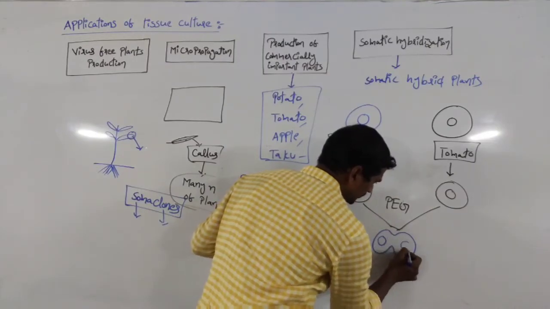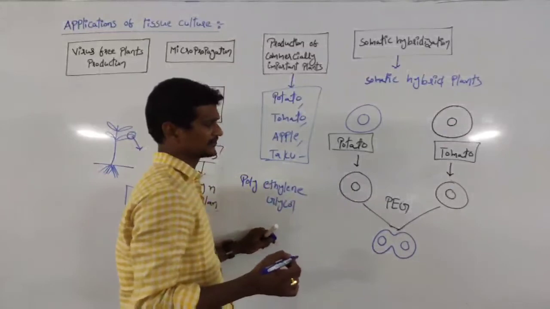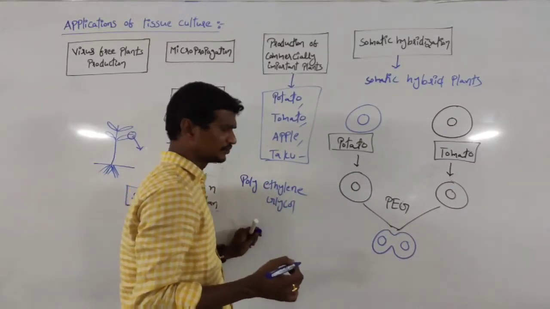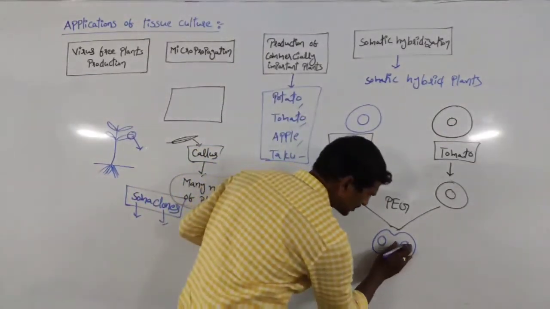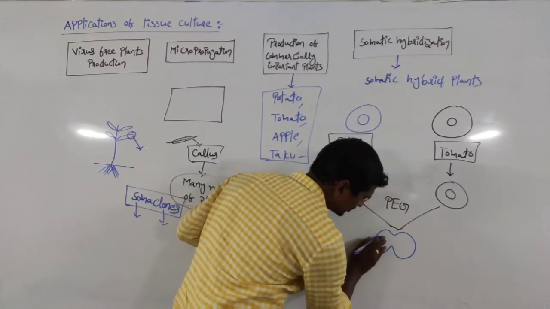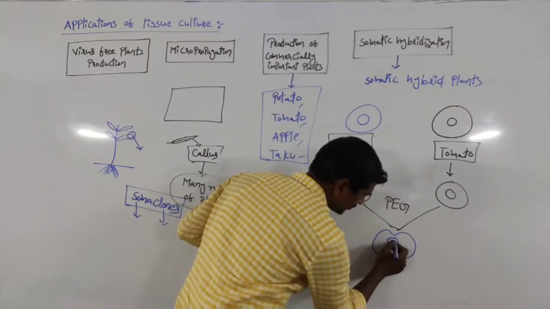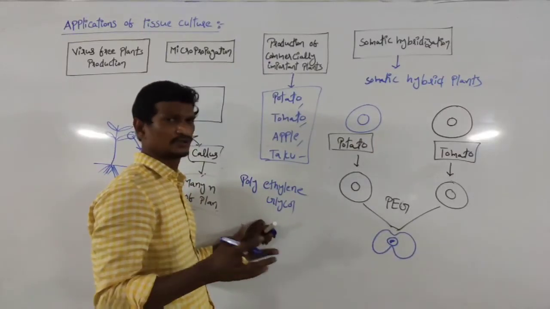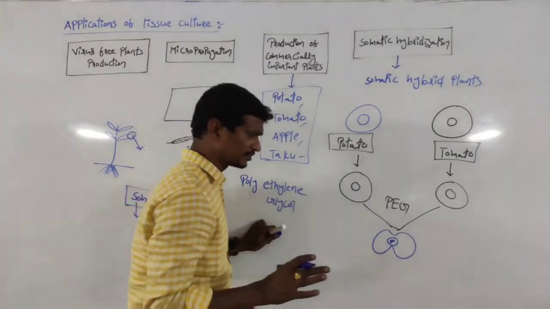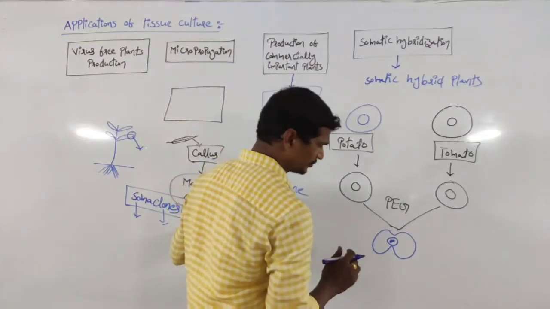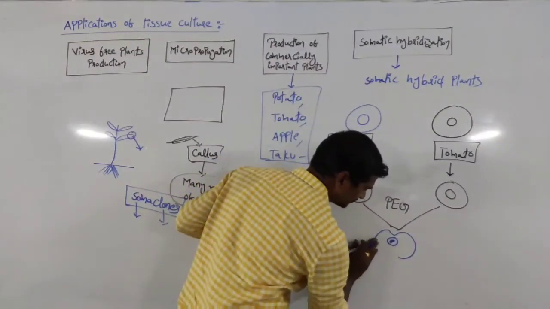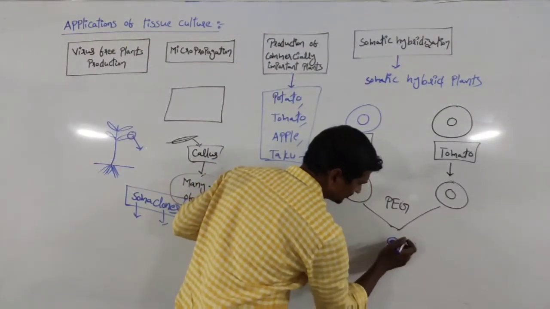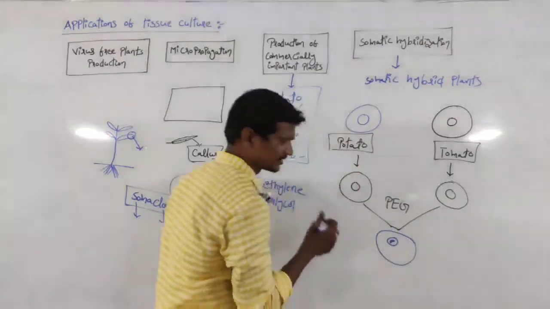The PEG agent is used for the fusion of two cells. Once the two cells are fused, in certain cases the nucleus also fuses, and in certain cases the nucleus does not fuse. Right? Once the nuclei are fused, this forms a single cell.